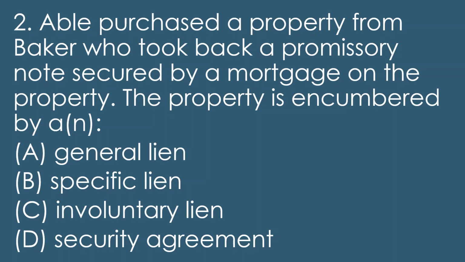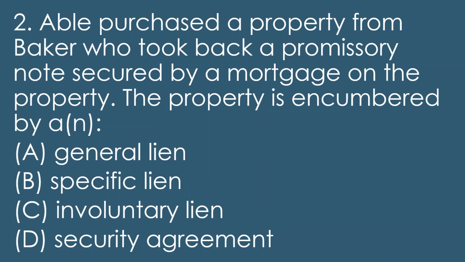So, mortgagor, mortgagee versus trust deed, where you have the beneficiary, the trustor, the trustee, etc. But on this particular question, you could kind of interchange it. So we know that the mortgage is the collateral for this promissory note. So now that we have this collateral, so this mortgage with the promissory note, how is the property encumbered? What is it encumbered with?